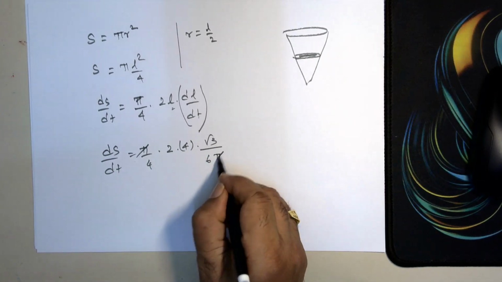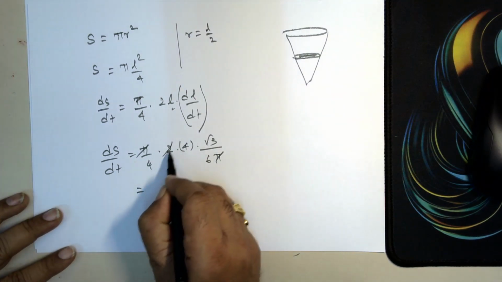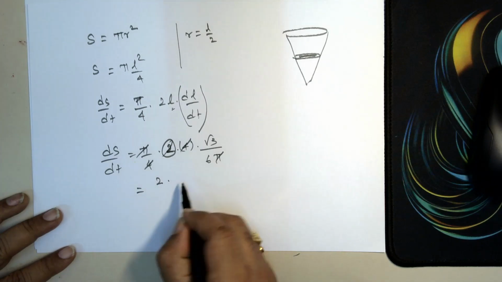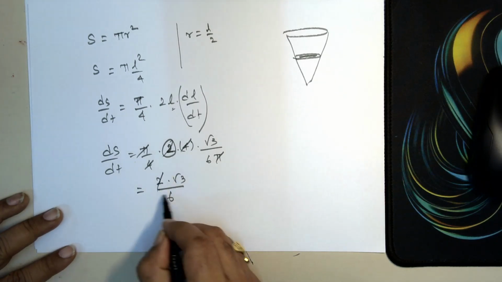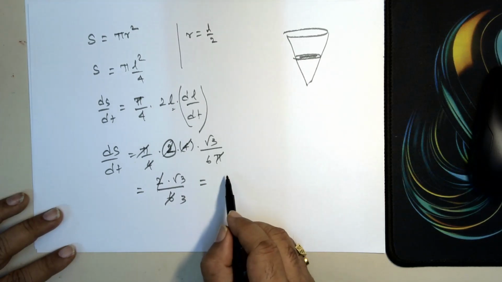So pi can be cancelled, 4 can be cancelled. So you have 2 into root 3 divided by 6. It means root 3 by 3.